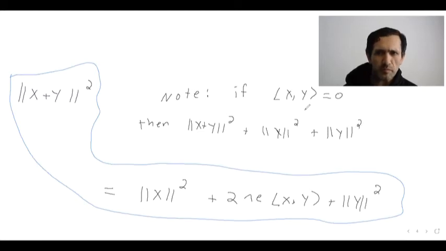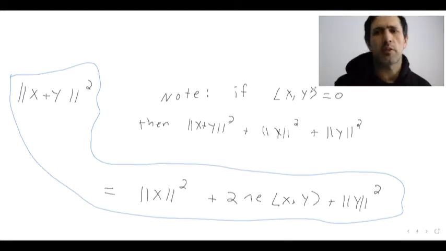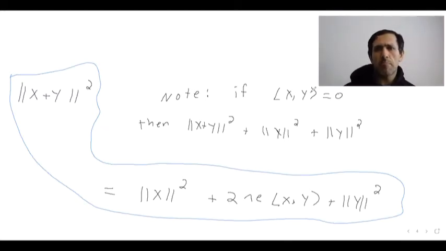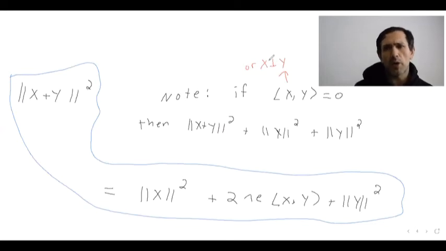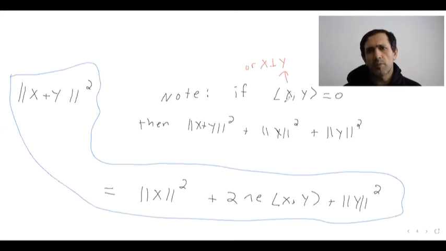Okay. And we say x and y are perpendicular to each other if x inner product y is 0. Often we write x, this perpendicular symbol, y, to denote this is true.